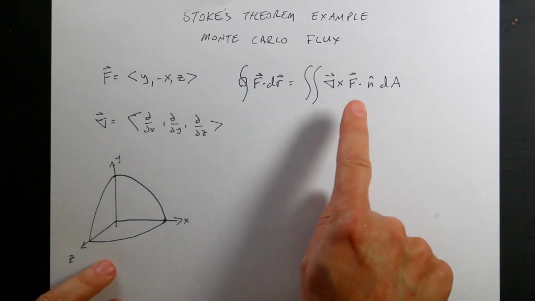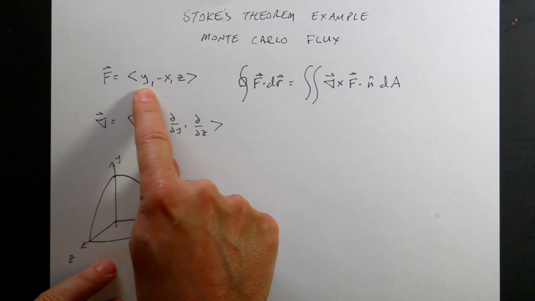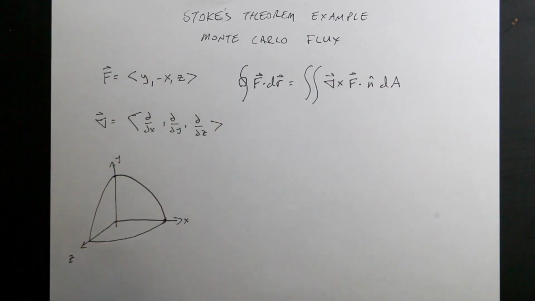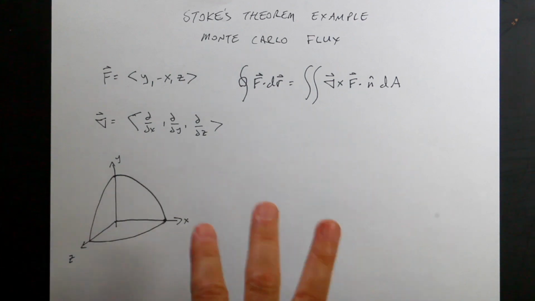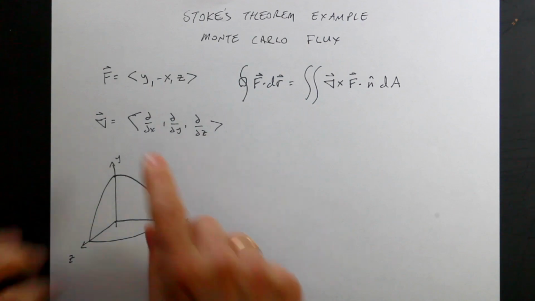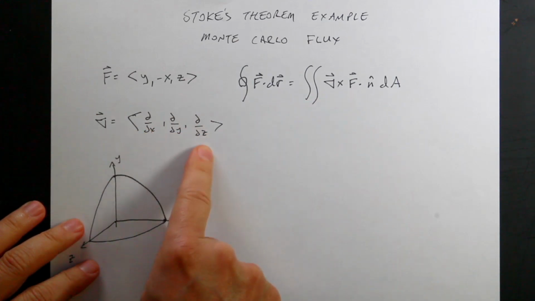Okay, so let's first just take the curl of this. I'm going to pick a force. I picked this force, y, negative x, z. I want something that is usable. In a lot of cases you could do this analytically, but I think doing it in Python gives some illustration into the way the whole thing works. The del operator is just the partial with respect to x, partial with respect to y, partial with respect to z.